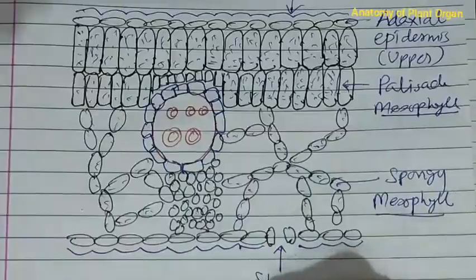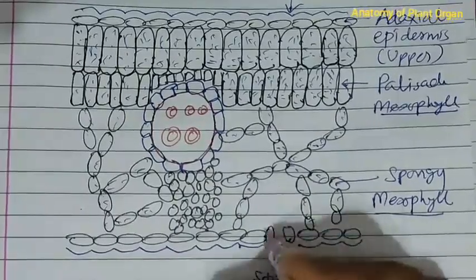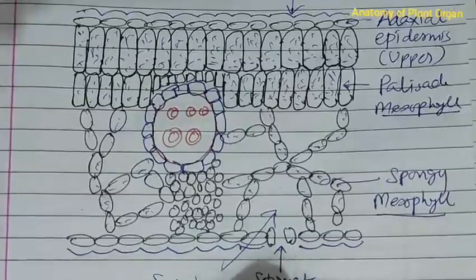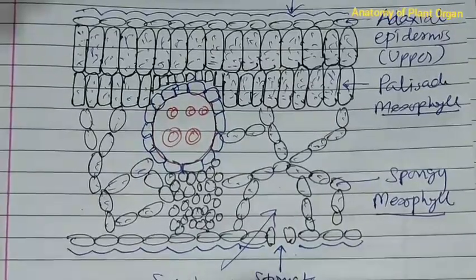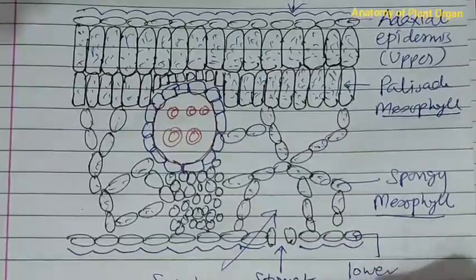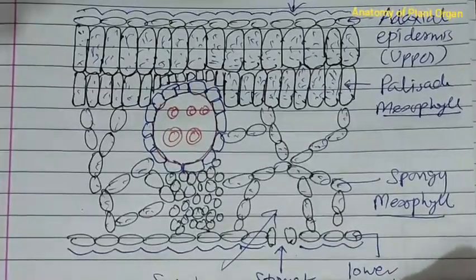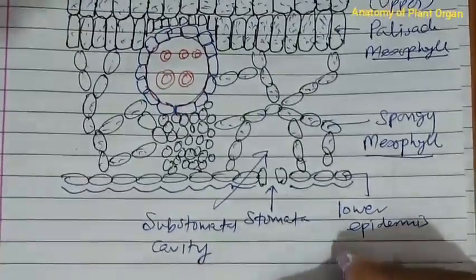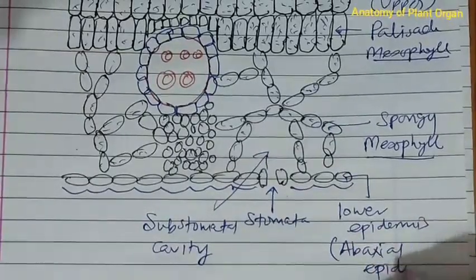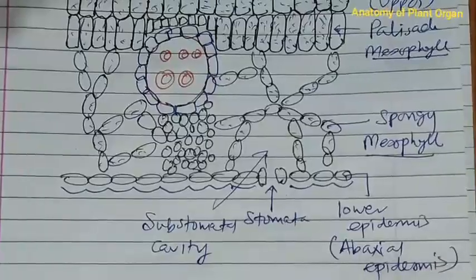These are stomata, substomatal cavity, and this is lower epidermis, known as abaxial epidermis.